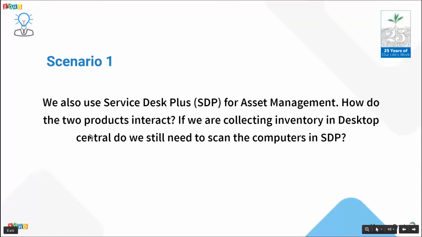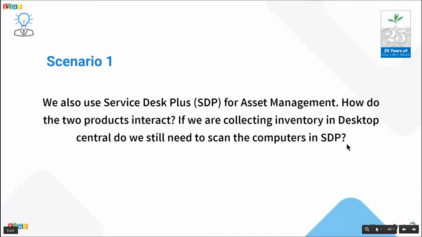So how do the two products interact? If you're collecting inventory in Desktop Central, do we still need to scan computers in SDP? So yes, if you're using Service Desk and Desktop Central, or if you're planning to, you don't have to scan your agents again with Service Desk.